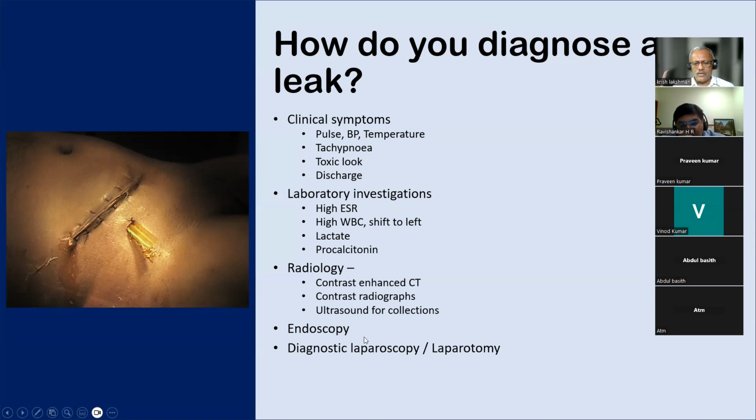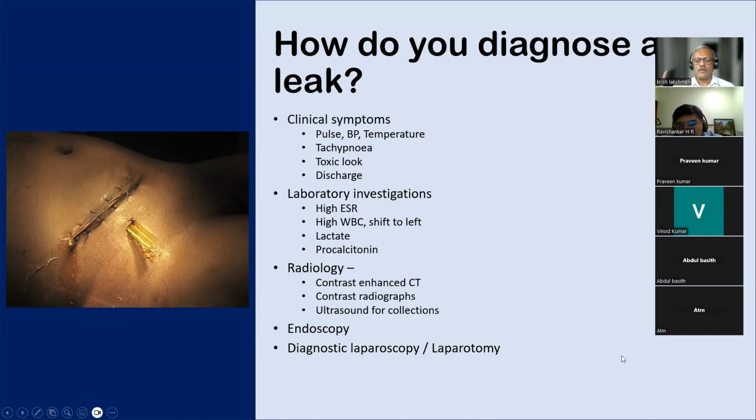Endoscopy to be done with care, but it can be done. There is no absolute contraindication for endoscopy, even with a 3-4 day old anastomosis, but it has to be done with minimal insufflation. You should not stretch the bowel with a big time insufflation.